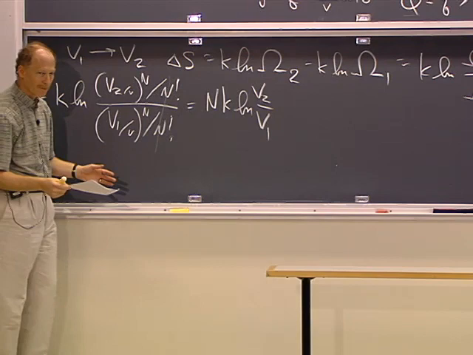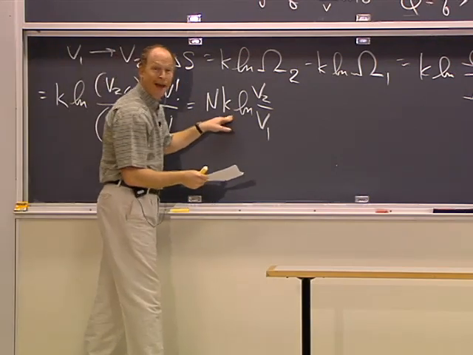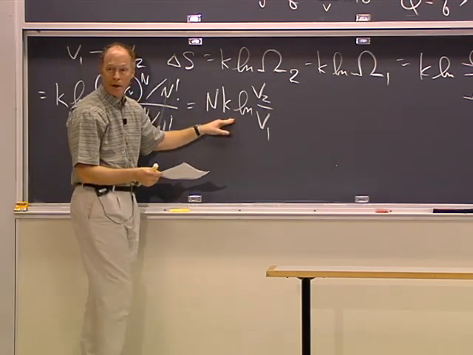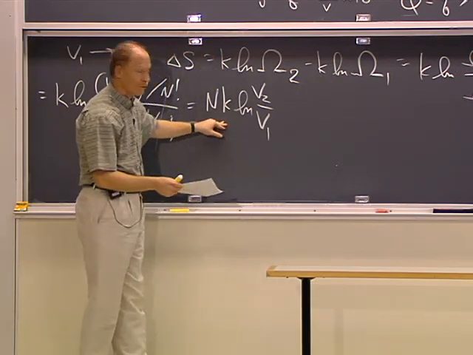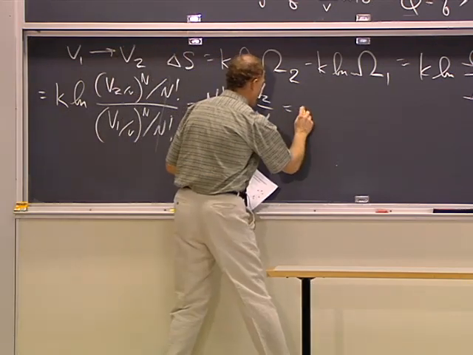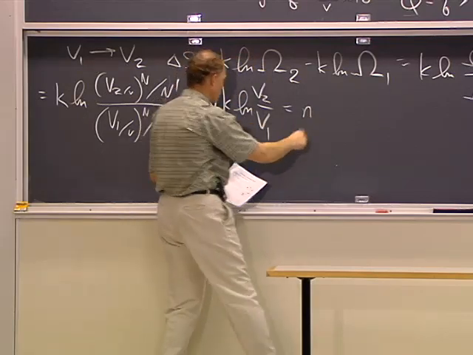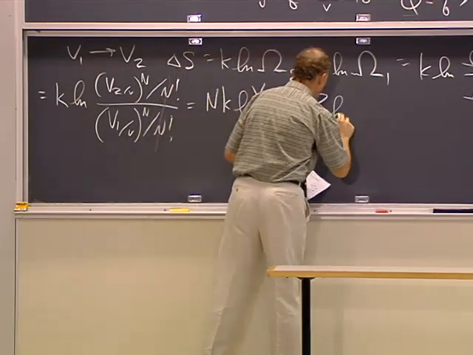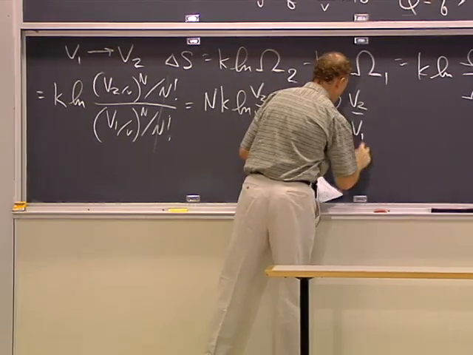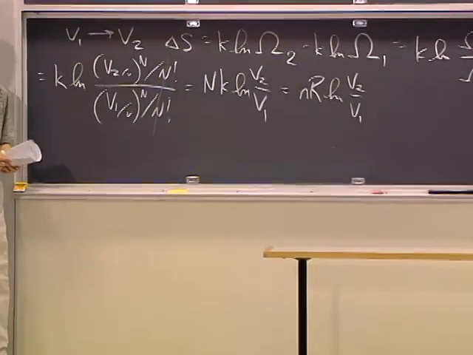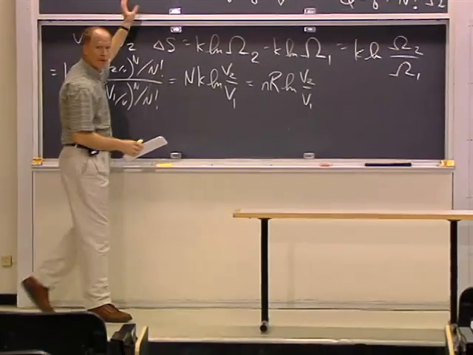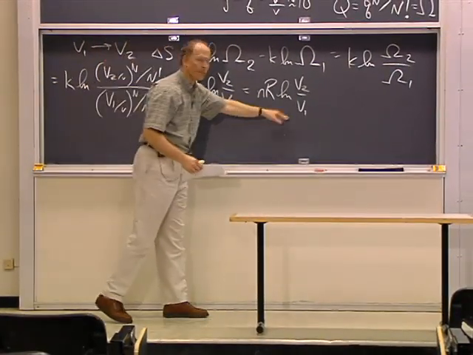Terrific, right? Now, remember k, the Boltzmann constant, is just the ideal gas constant per molecule rather than per mole. So this is the same thing as little n, the number of moles, times R times log V2 over V1. And that should be a familiar result. That's the change in entropy in free expansion of a gas from V1 to V2.